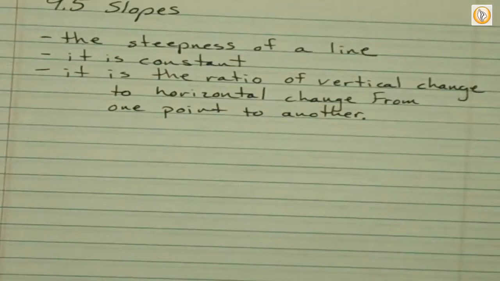So the first two, steepness of a line, that's constant, easy to comprehend. But it's the ratio of vertical change to horizontal change from one point to another.